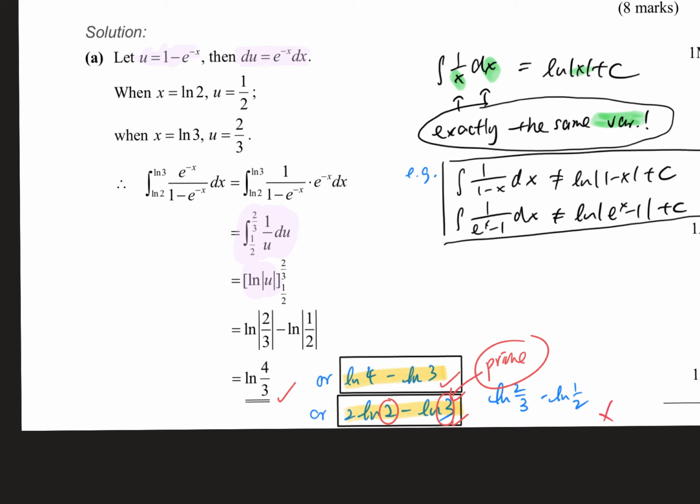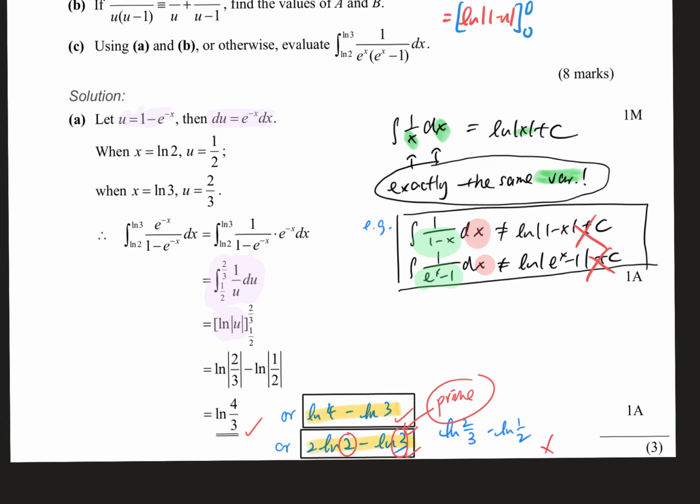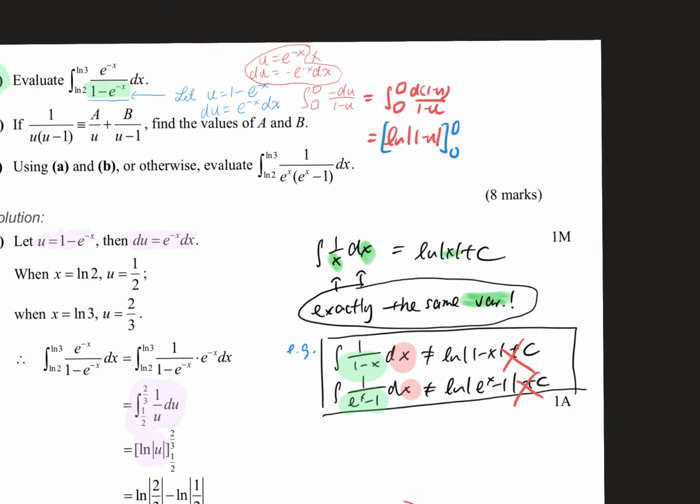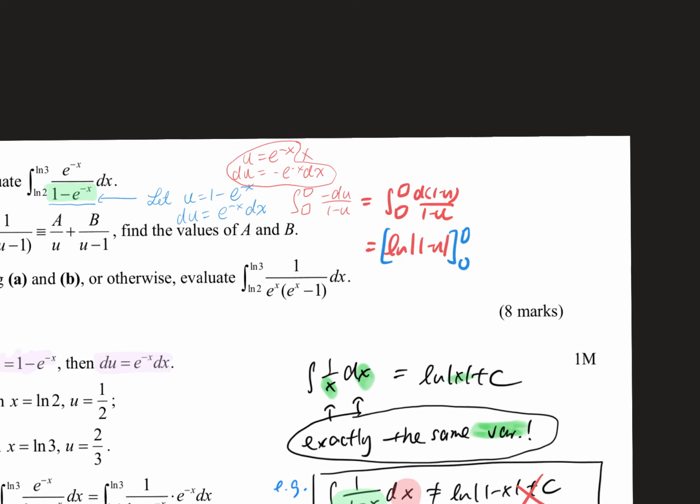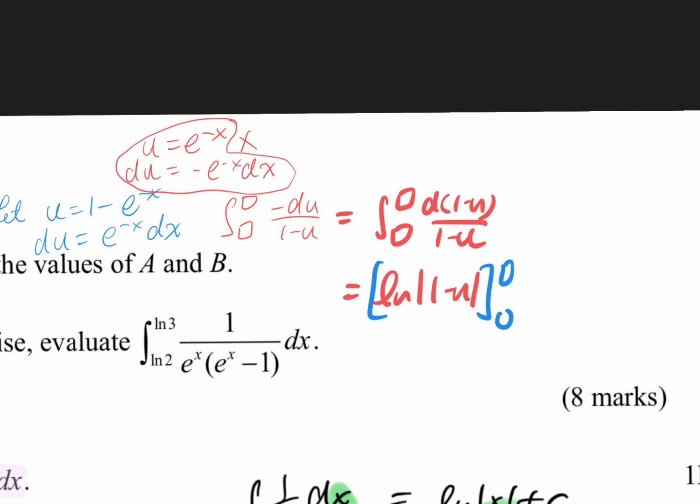So 1 minus x is not the same as x. e to the power x minus 1 is not the same as dx, so these cannot be used. So in order to do it, you need to do it in this way. That means you need to let v be 1 minus u if you want to simplify. Okay, actually, I skipped a step, right? dv is minus du. Okay?